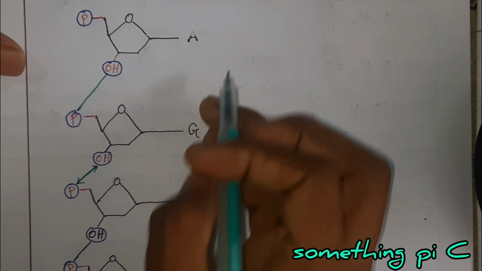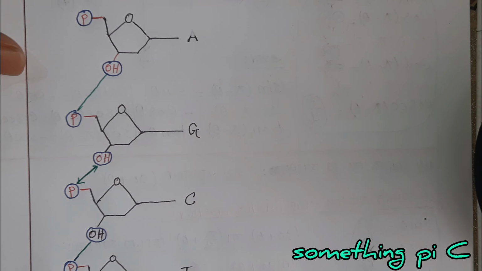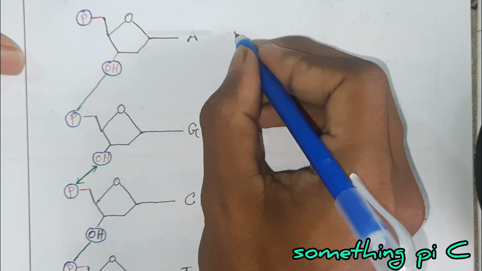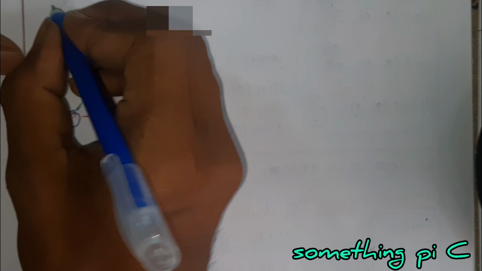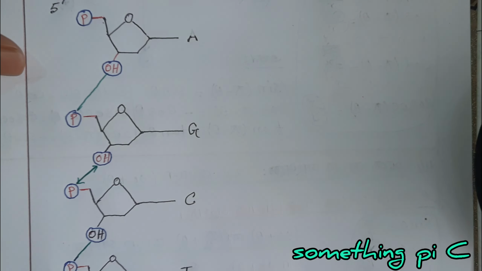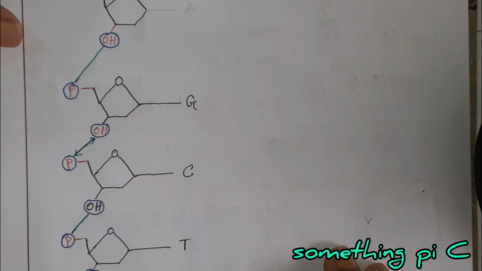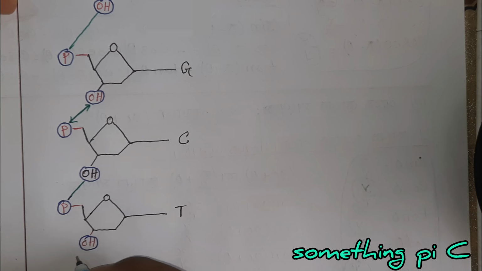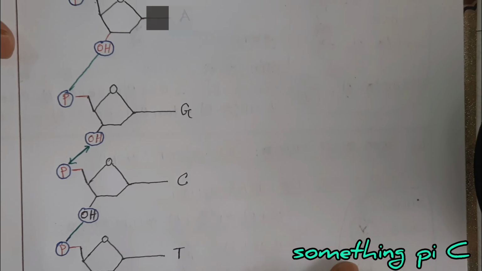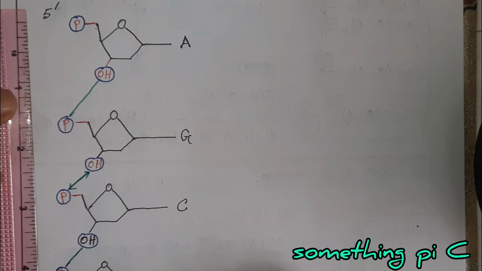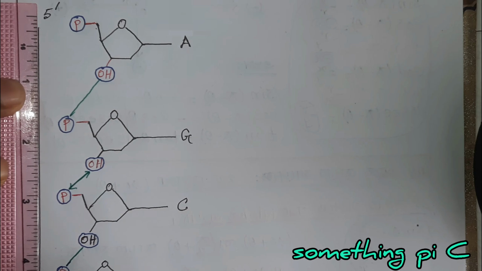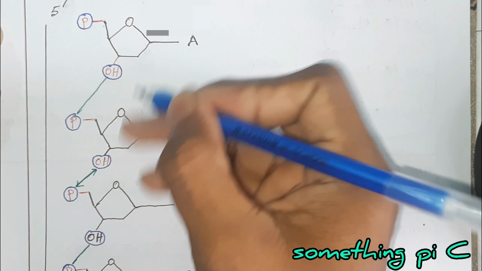So if we notice the structure, in the first nucleotide the phosphate group of carbon number 5 is not connected with another nucleotide, and similarly in nucleotide number 4 the OH group on carbon number 3 is not connected with another nucleotide.